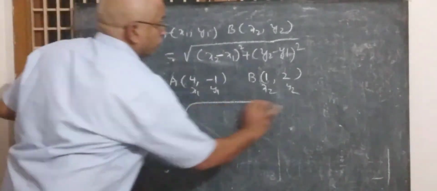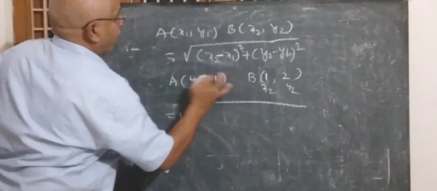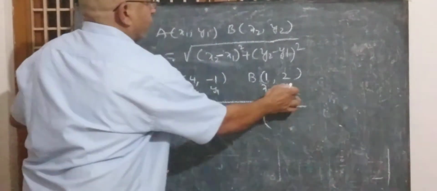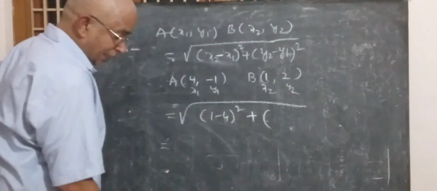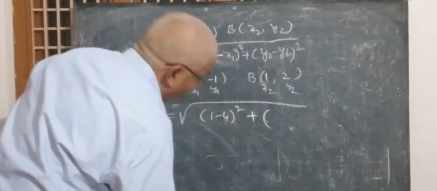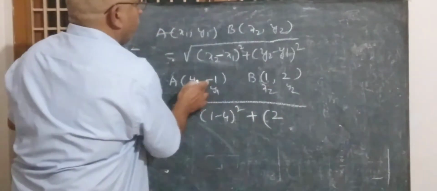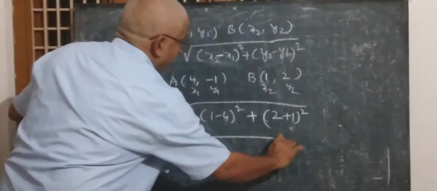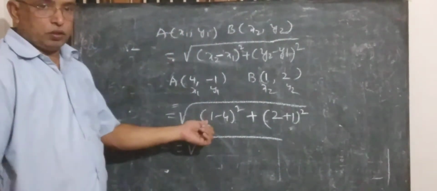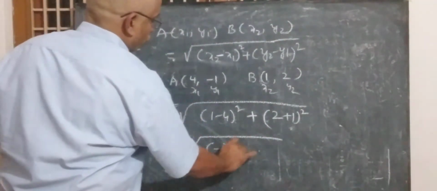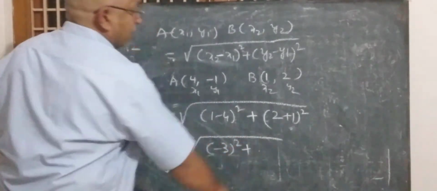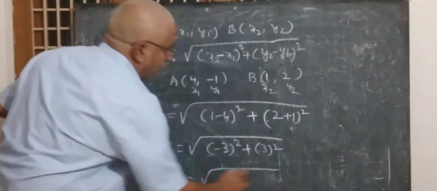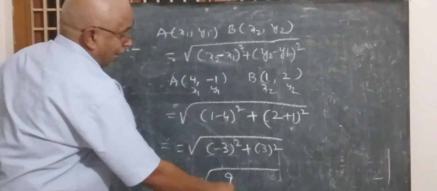Substitute these values: 1 minus 4 whole square plus y2 minus y1 whole square. y2 value 2 minus minus 1, plus 1. So square root of minus 3 whole square plus 3 whole square. Minus 3 whole square is 9.